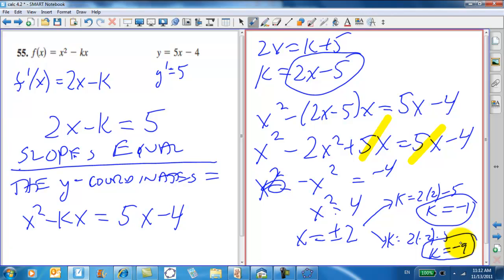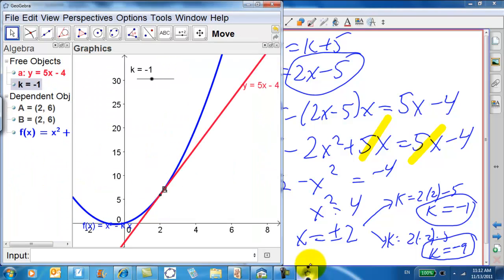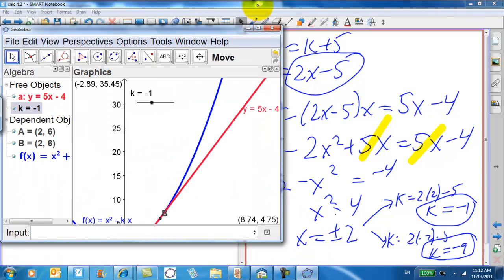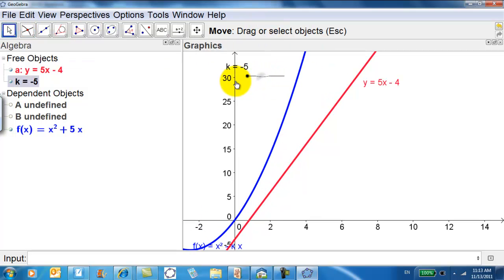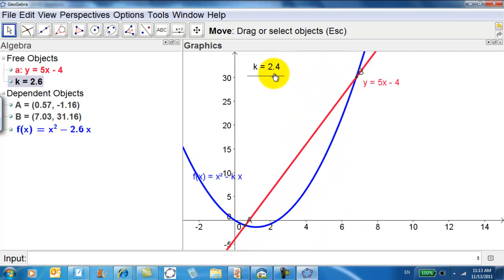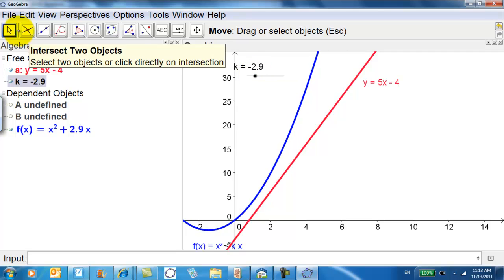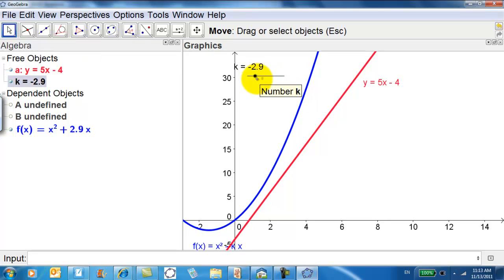Let's take a look again at these graphs. What is this k equals negative 9? Investigating this, we might not have seen it because I kept having k range between negative 5 and 5. That's the standard setting for a slider. So what we have to do is click on our slider.